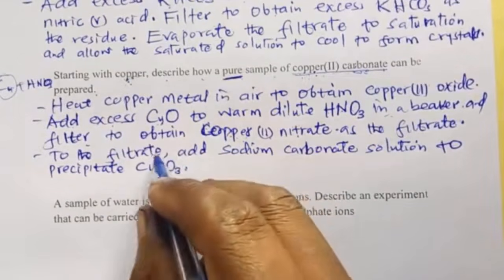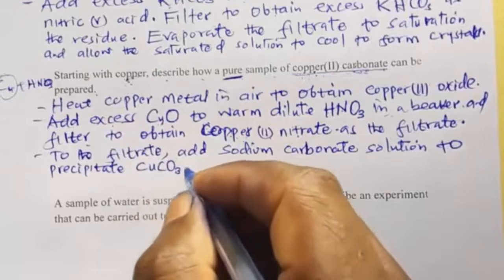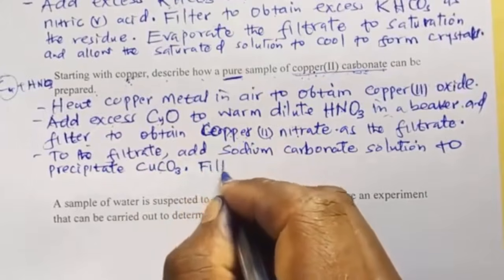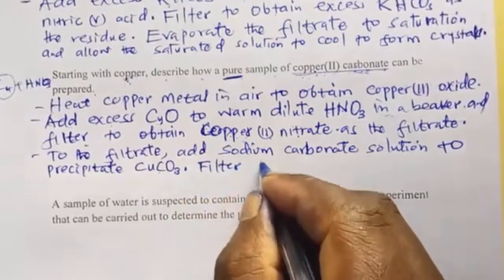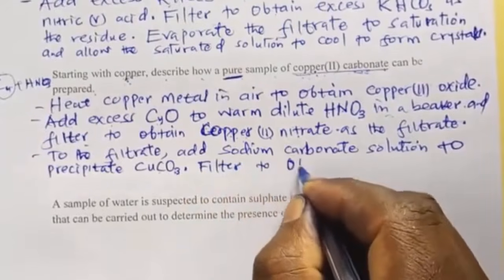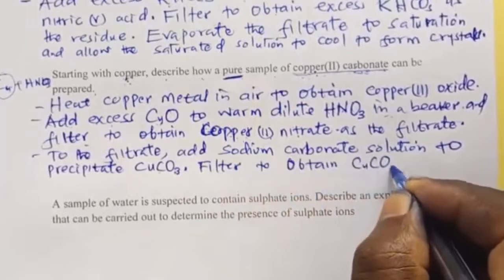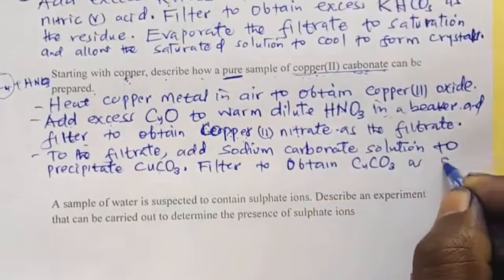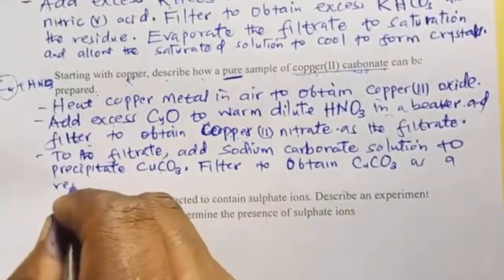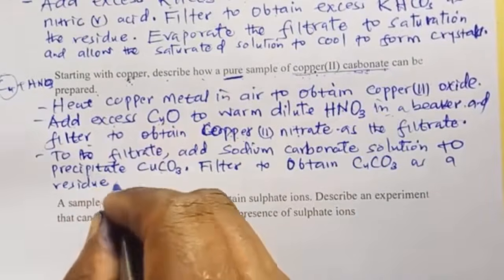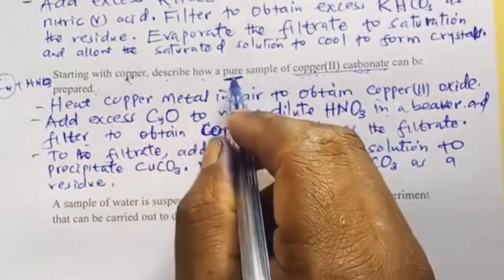Then what do we do? Because we want solid copper carbonate, we filter the solution. Therefore, next is filter to obtain copper carbonate as the residue. Because we were told the sample must be pure, you need to wash it.